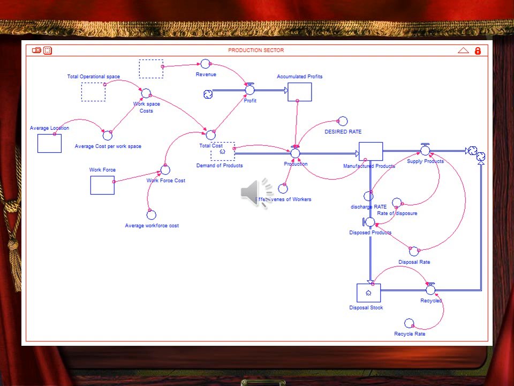Some, in the due course of piling them up in the warehouses, get spoiled, so they need to be disposed of. And in the disposal, of course, there is a stock which is going to be disposed of. Those products that are malfunctioning can be recycled later on and then reused as raw materials.